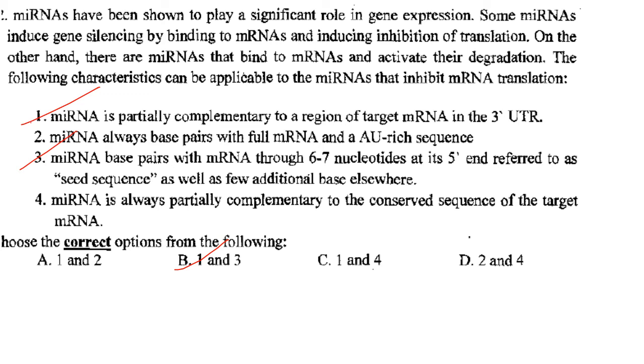That is correct. So 1 is correct, 3 is also correct. Then miRNA is always partially complementary to the conserved sequence of the target mRNA. That is also not correct. So 1 and 3 are correct. So answer is option B, 1 and 3.